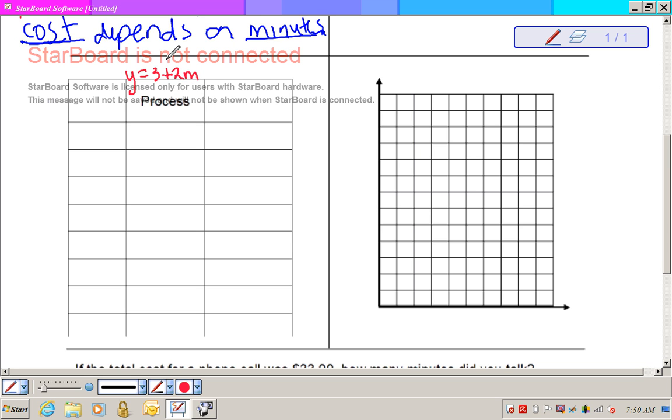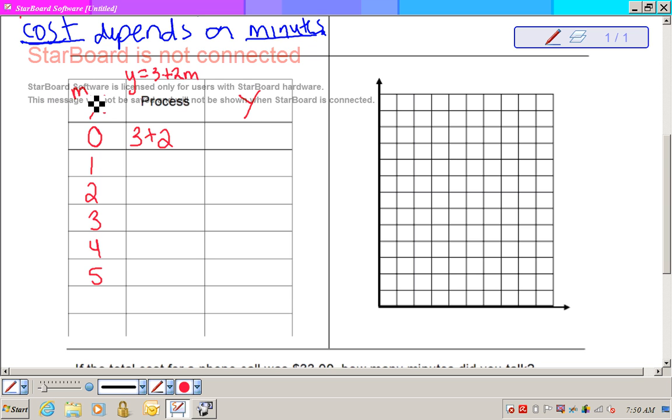And we're just going to fill this out. I always like to start with a 0, because 0 is our start time. That means no time has passed. And we're just going to go down 1, 2, 3, 4, 5. So when we have this, our total cost is the $3 plus $2 per minute.